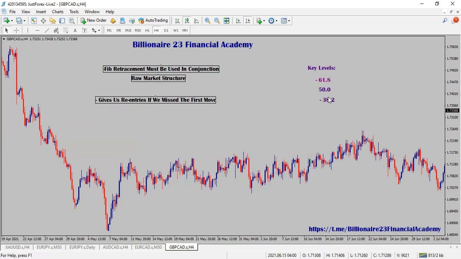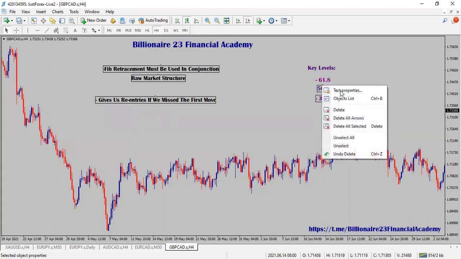Yeah, it's 38.2. So these are the key levels in regards to the Fibonacci.